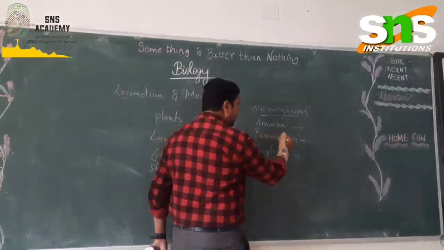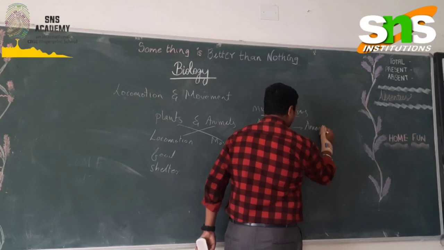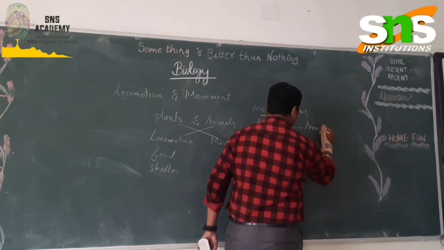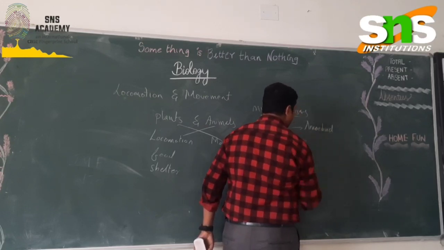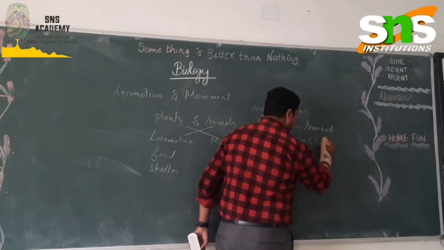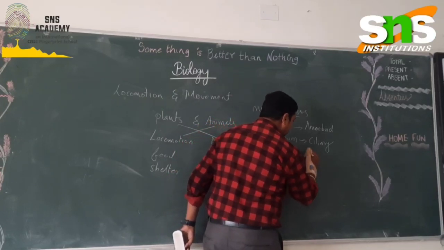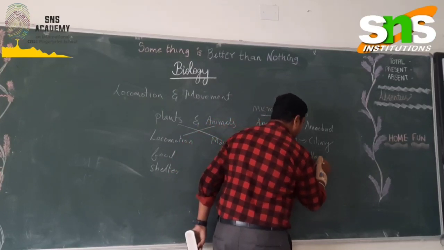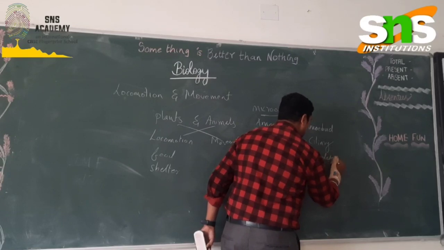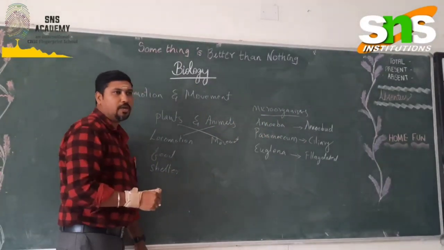In amoeba it is called amoeboid movement, in paramecium it is ciliary movement, and in euglena it is flagellated movement. So in amoeba, how does it happen?